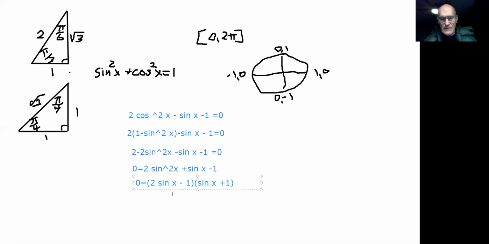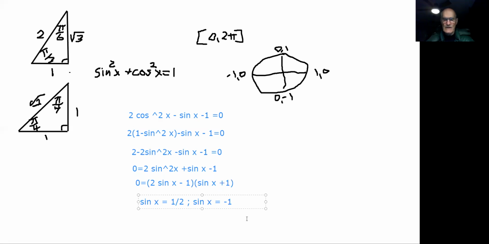Now if I set each one of these factors to 0, the first one gives me sine x equals 1/2, and the second one gives me sine x equals minus 1.